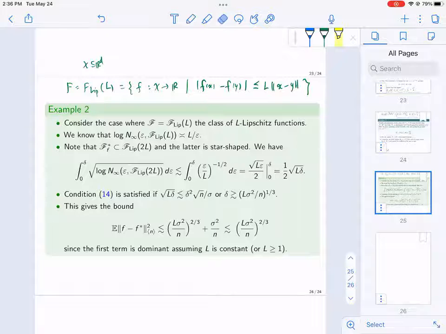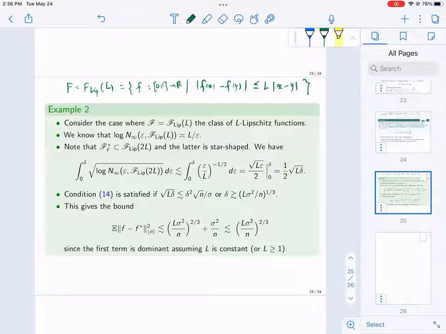I think I'm actually assuming that X is a subset of R^n. So let's say we are doing something like this. This is the class of Lipschitz functions.